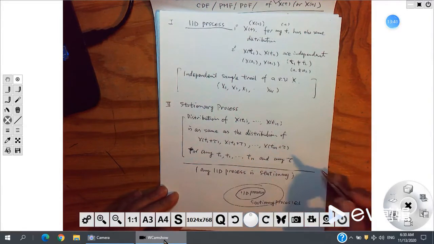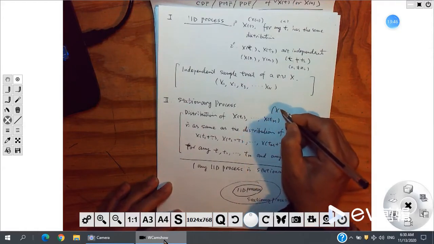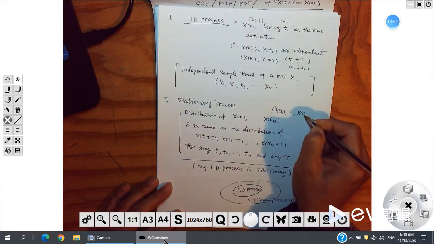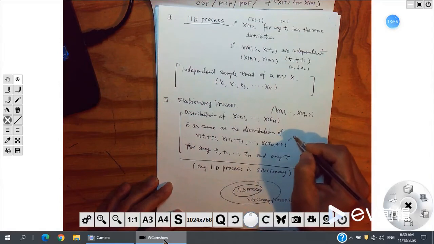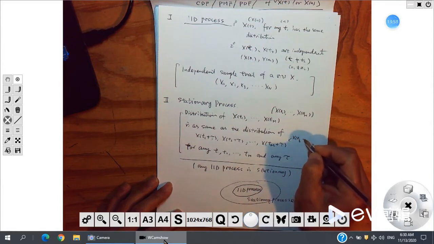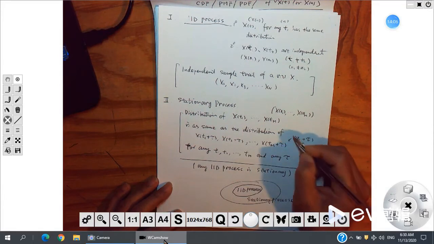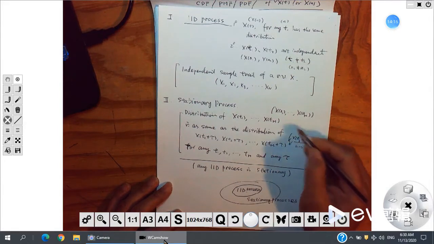Of course, here I wrote t, but for discrete time you can write X of n1 to X of nm, and X of n_k plus tau, where I still use tau but this time tau should be an integer, and k runs from 1 to m. For a discrete time process, we use this notation.